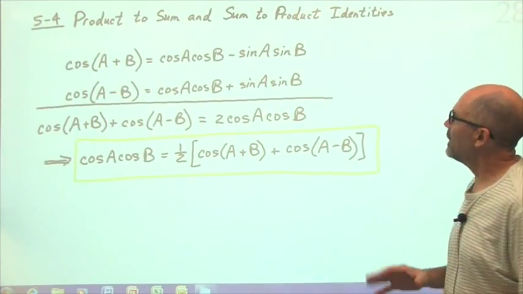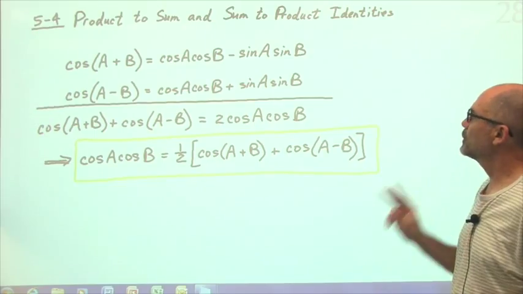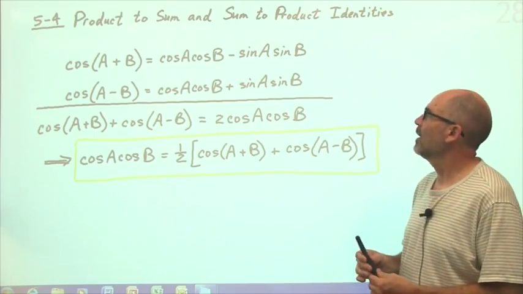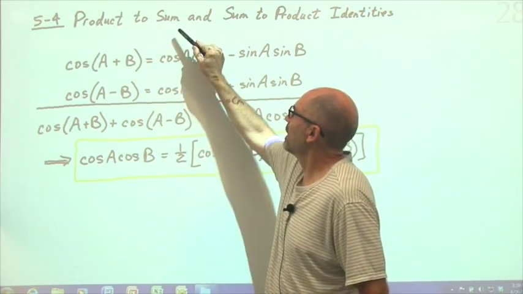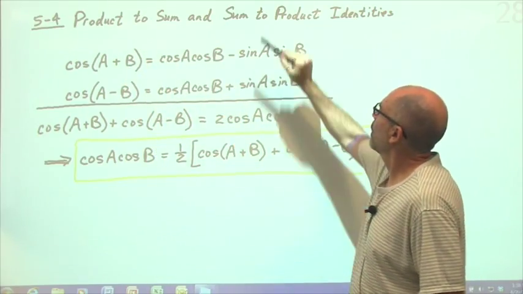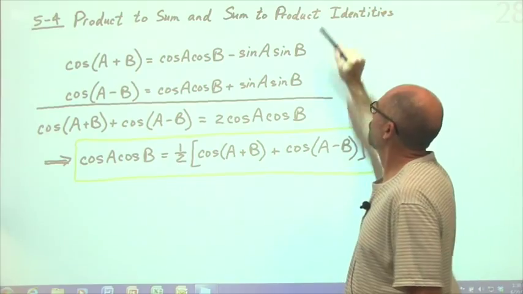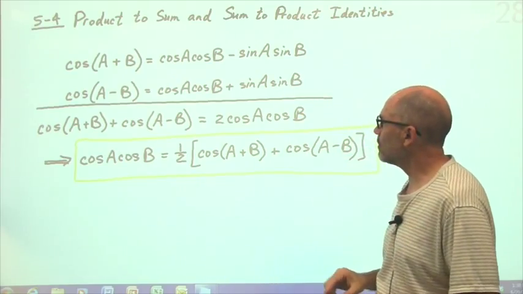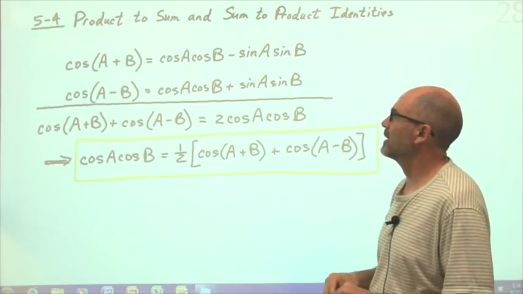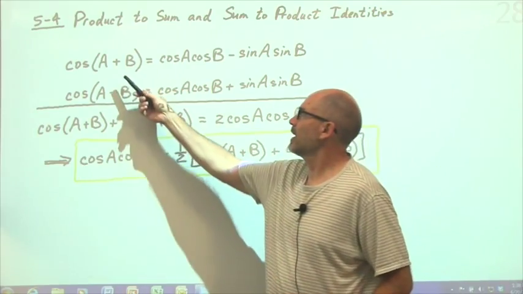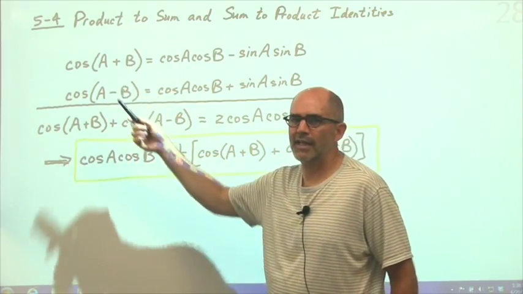Okay, so in this section we have two types of identities. One where we're going from a product to a sum, and the other where we're going from a sum to a product. Now, all of these identities basically come from the sum of the angle identities.